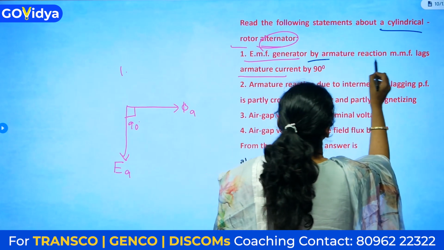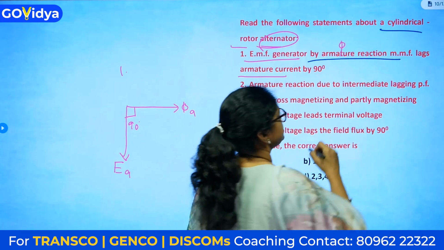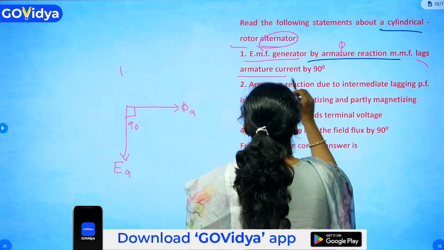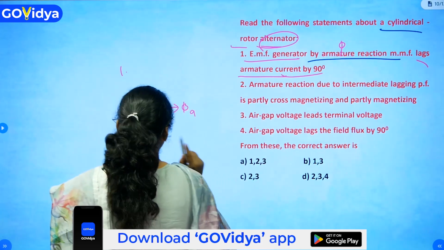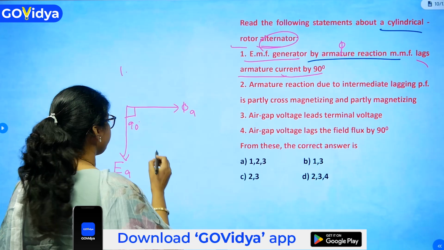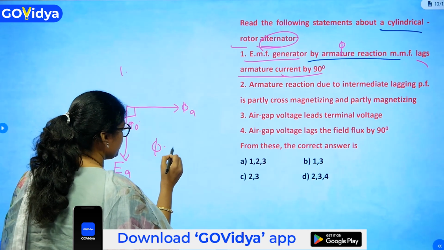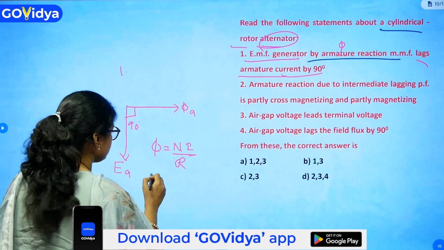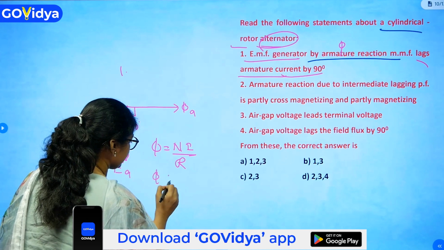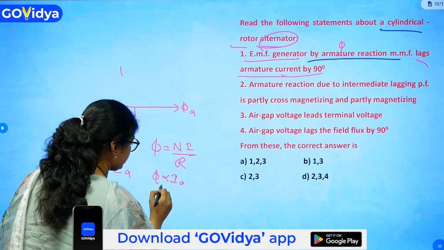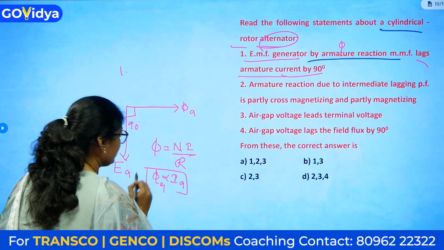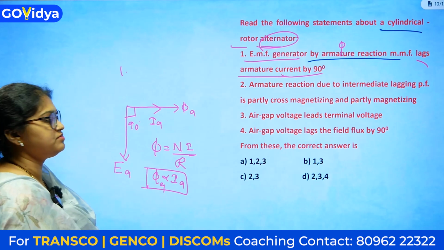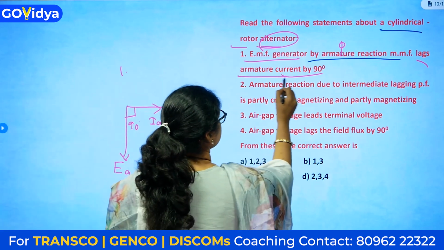Armature reaction MMF is nothing but the flux. So can I say armature reaction MMF is the flux? Lags the armature current by 90 degrees. Moreover, we know the formula phi is equal to N into I by R. So phi is directly proportional to armature current.